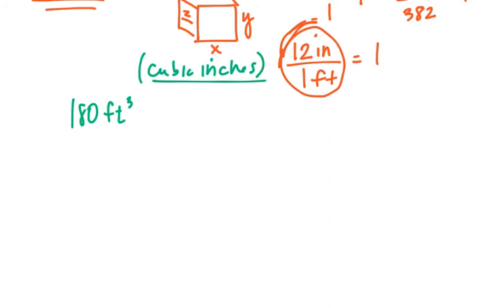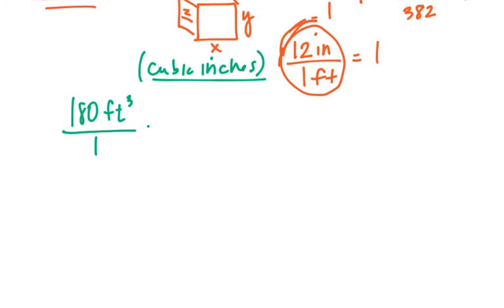So we're starting with cubic feet, and now we have to end up in cubic inches. Whenever I convert anything, whether it's volume or anything, anytime I'm using unit multipliers, I put my original thing over 1, just to remind me it belongs in the numerator. Now, again, I can take that and multiply it by 1 all I want without changing the value of it.